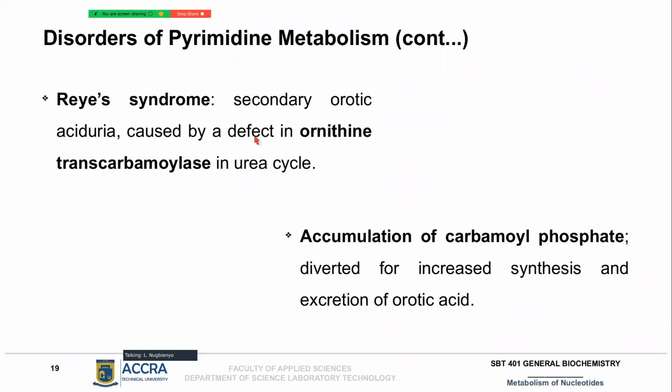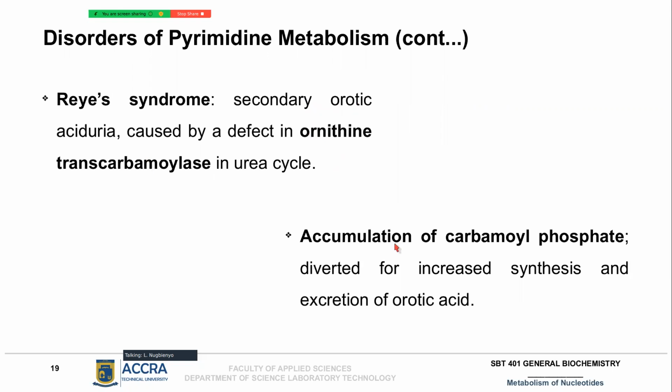But the secondary orotic aciduria, which is referred to as Reye syndrome, is caused by a defect in another enzyme, ornithine transcarbamylase, which is found in the urea cycle. And the urea cycle is beyond the scope of our course, so we will not go there. And because of that, of course, the conversion of orotic acid down the line is affected, since this enzyme ornithine transcarbamylase is found in the urea cycle, and it is going to cause the buildup of orotic acid.